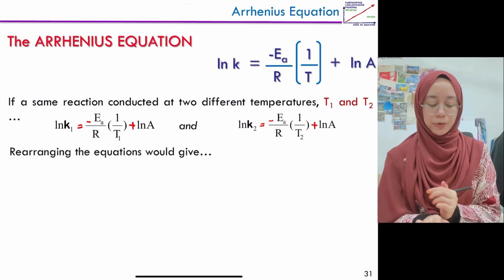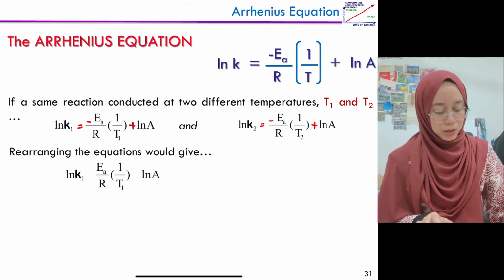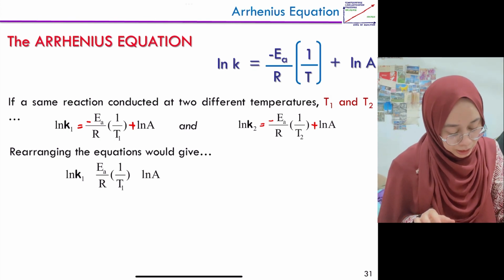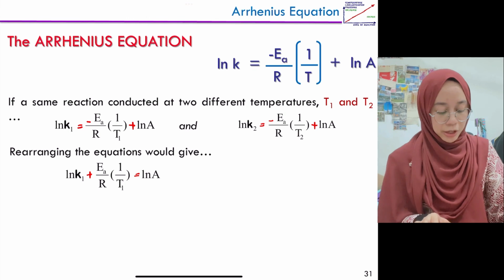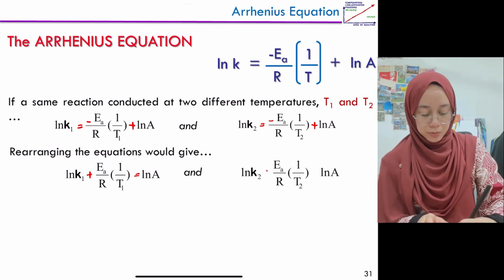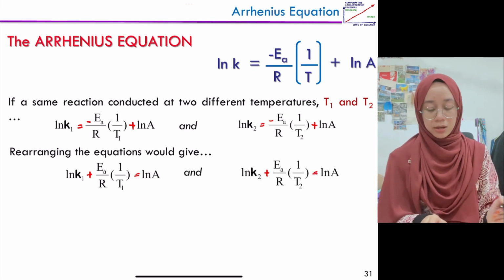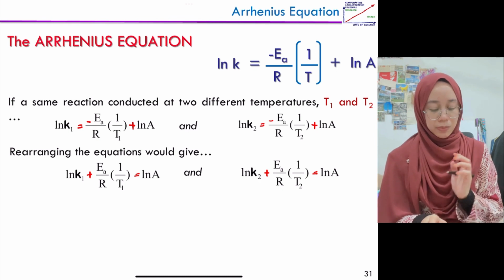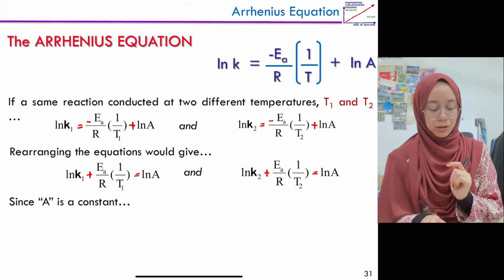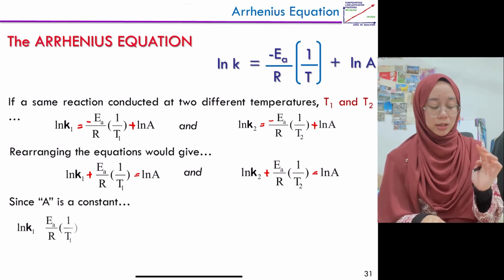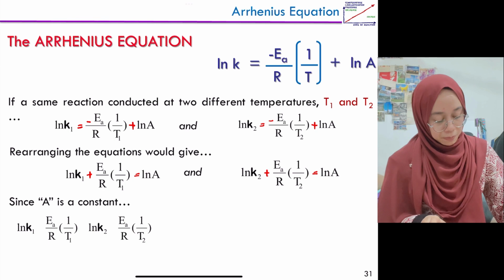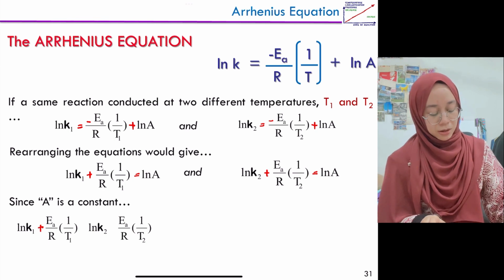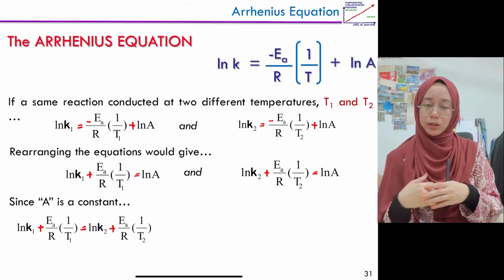So rearranging this equation, kita akan dapat ln K1 plus EA over R 1/T1 equals to ln A. Okay, and then yang ni pun plus equals to ln A. Okay, so bila jadi macam ni, we can see that since A is a constant, kan? So ln K1 plus EA over R 1/T1 is equals to ln K2 plus EA over R 1/T2.